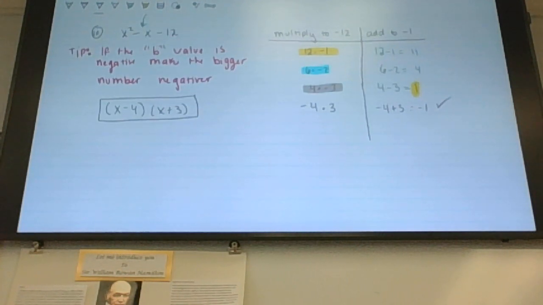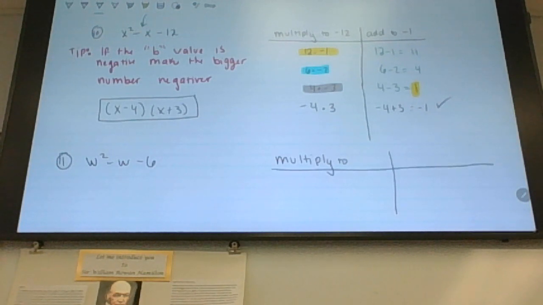Number 11. All right, what do we need to multiply to and what do we need to add to for this one? Faith, what do we need to multiply to? Who knows? We need to multiply to negative 6.